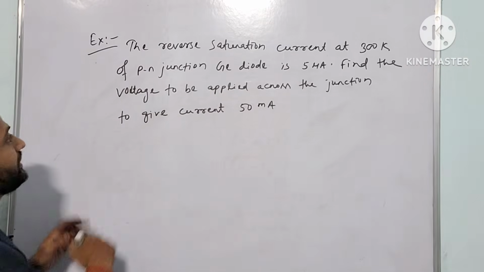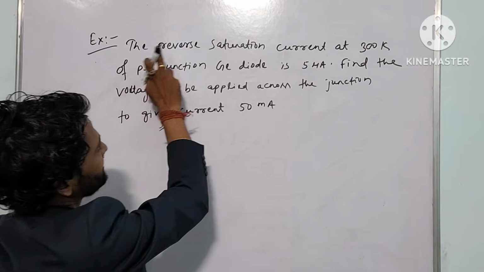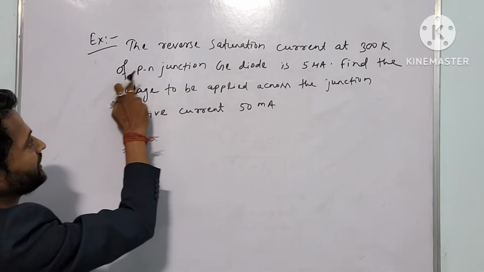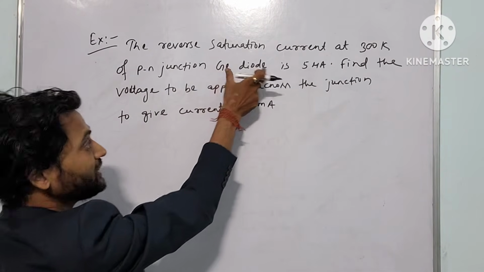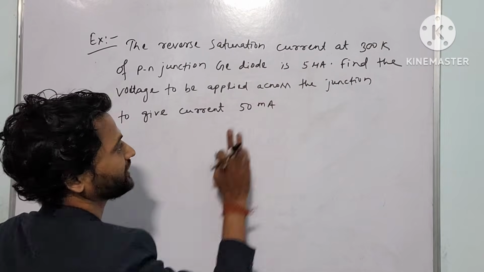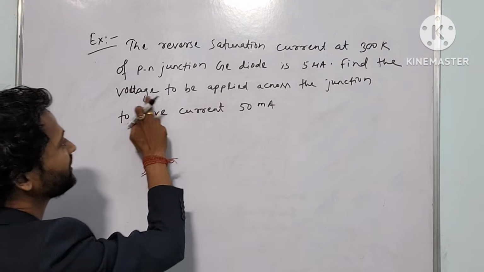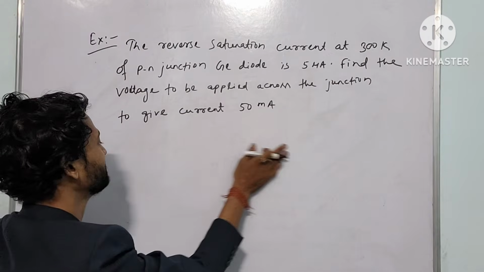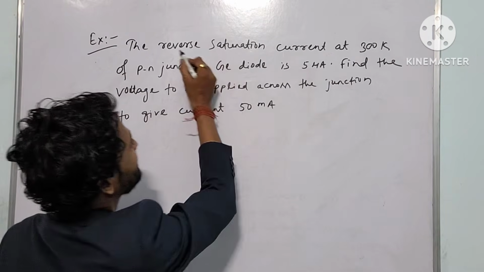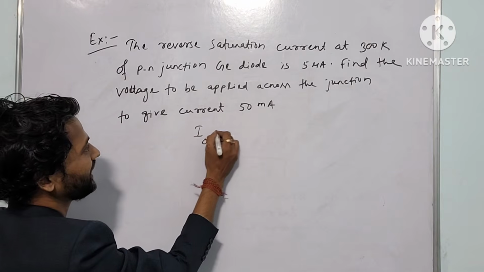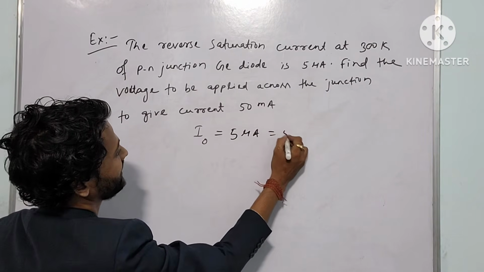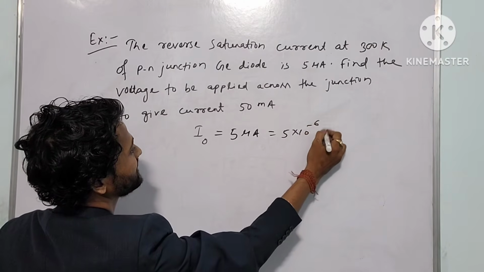Okay, see this example. It is given the reverse saturation current at 300 Kelvin of PN junction germanium diode is 5 microampere. Find the voltage to be applied across the junction to give current of 50 milliampere. So here the reverse saturation current is given. I naught is given, which is 5 microampere, that is 5 into 10 to the power minus 6 ampere.